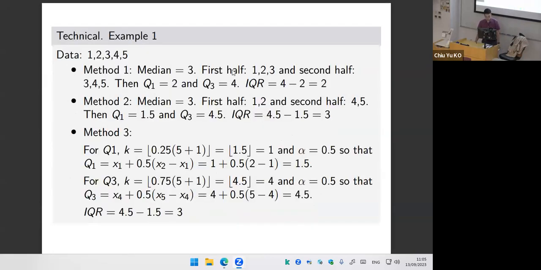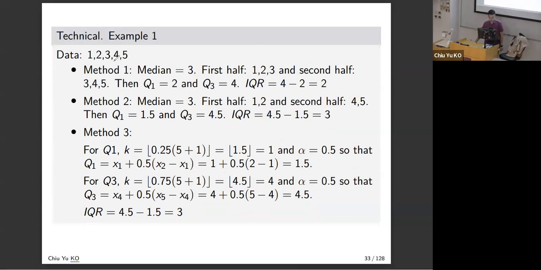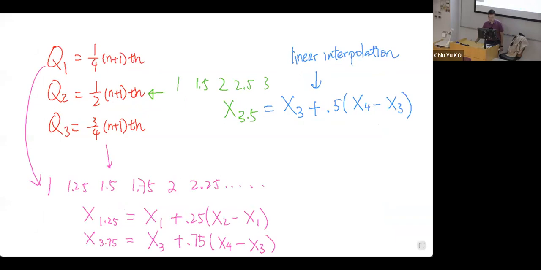So this example is here. What we have is 1, 2, 3, 4, 5. Now let's go back, forget about this expression, and let me use the whiteboard to show you the formula, then you will not be too worried about it. So remember, what we have is 1, 2, 3, 4, 5.